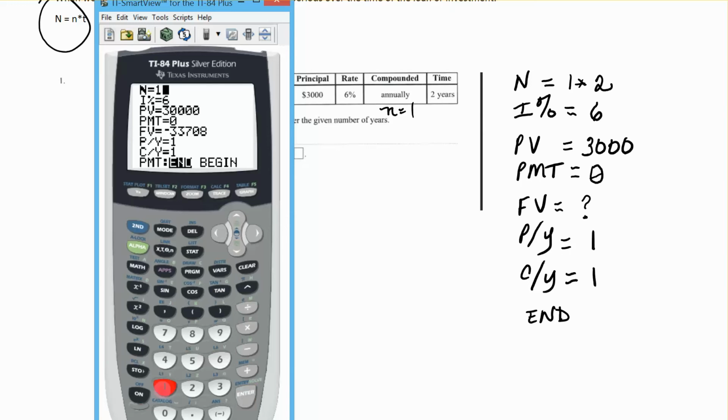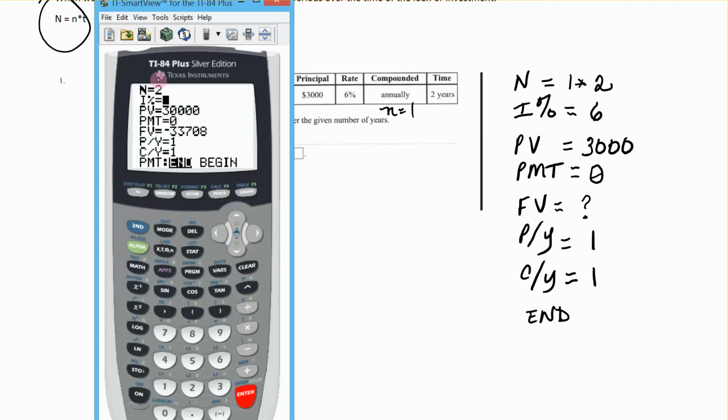So if you want to, you can put 1 times 2. Now I know that you knew that was 2, but sometimes when the problems get more complicated, it's nice to let the grapher do that multiplication for you. So click Enter. See how it changed it to 2?